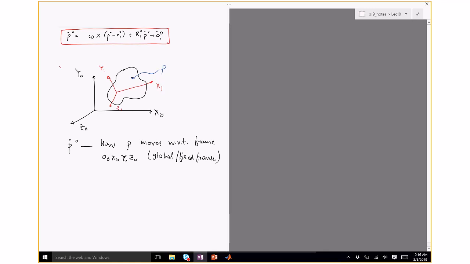Okay, P0, O10 is obvious. O10 is the position of this, which you will know. P0 is the position in global frame.